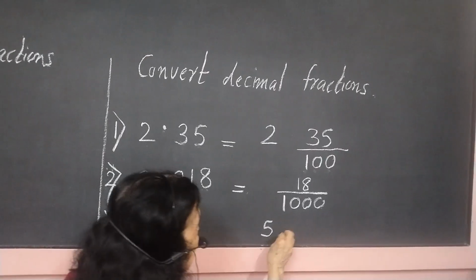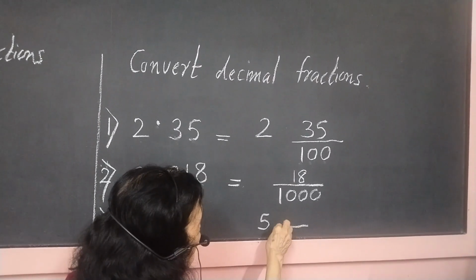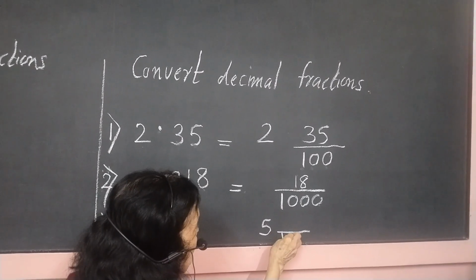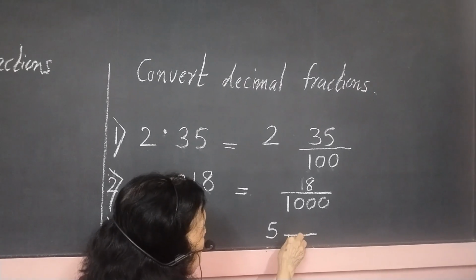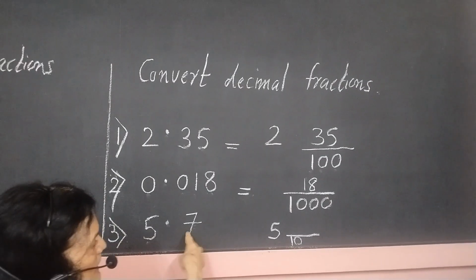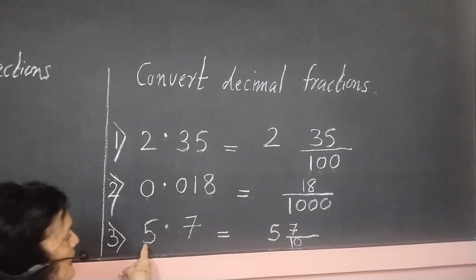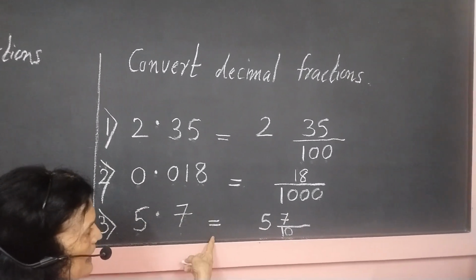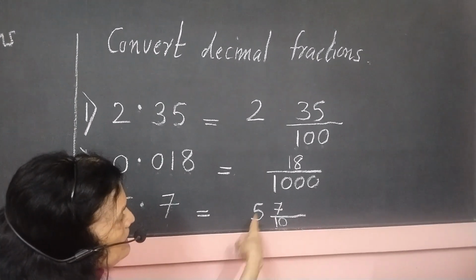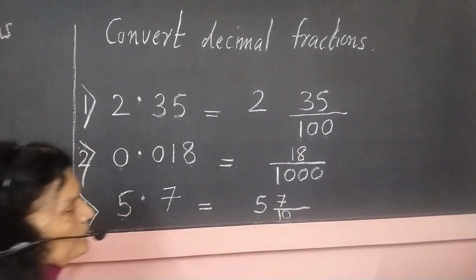That means in the denominator we have got 1, and over it only 1 0 will be left, and this particular number has to go on top. So 5.7 becomes 5 integer 7 upon 10.